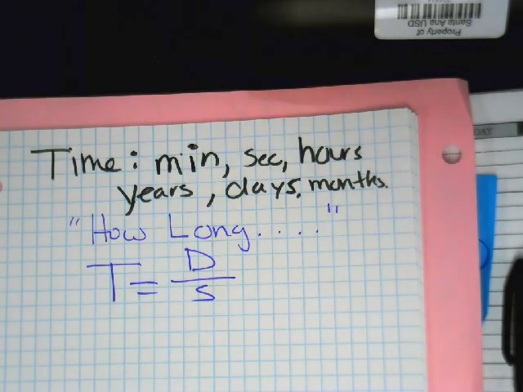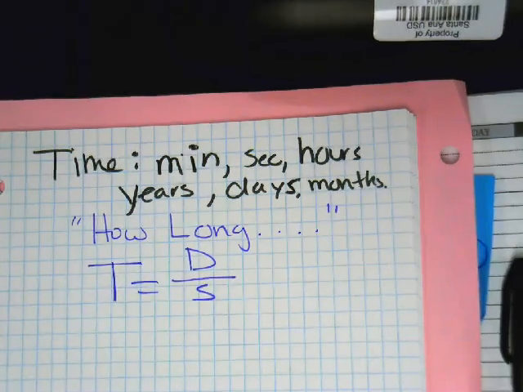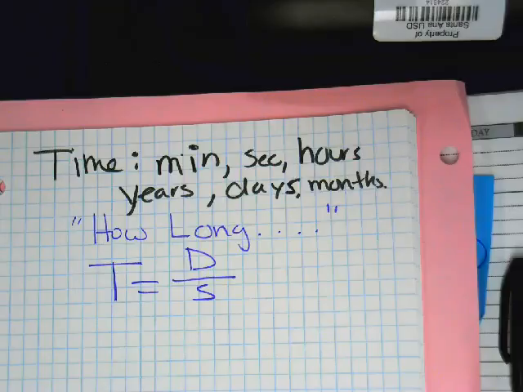Now, whatever you're solving for, you're going to cover up what you're solving for. So, Edward, if I'm solving for distance, I'm going to fold over the letter D. And I'm left with the formula of what? Speed times time. So this tells me what math I have to do.